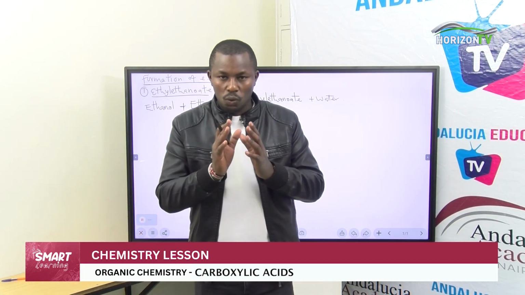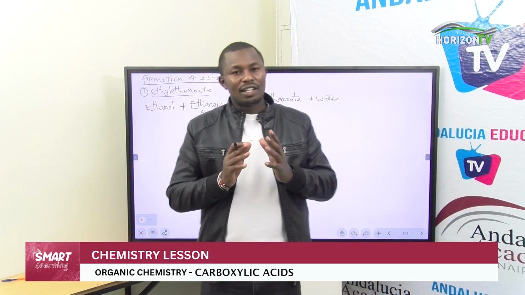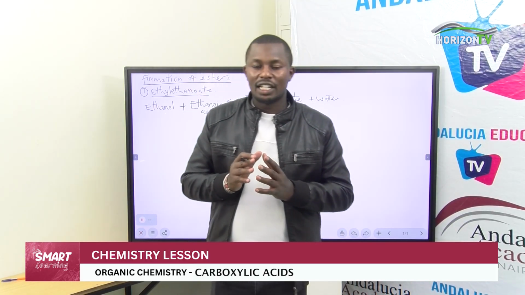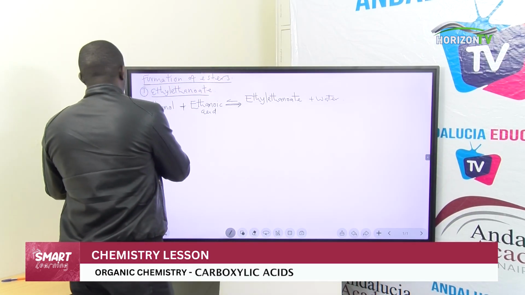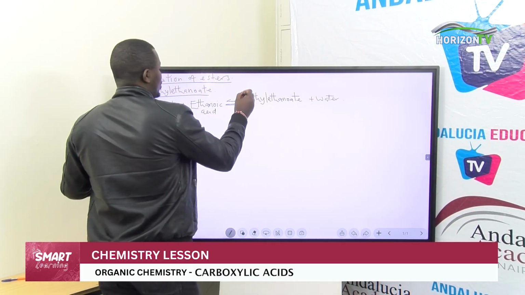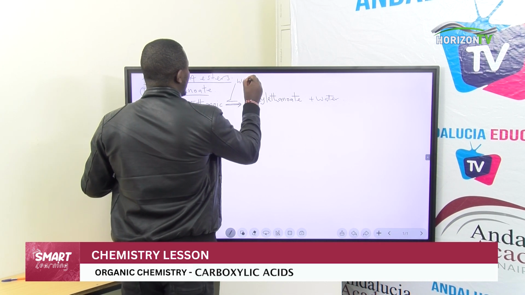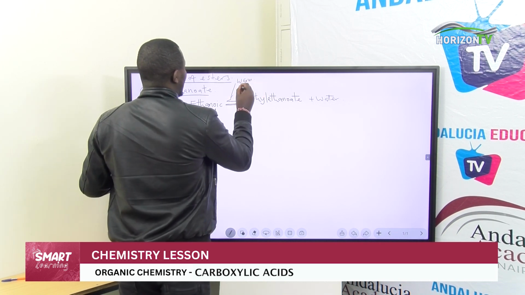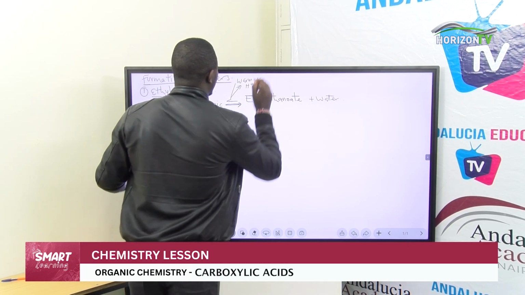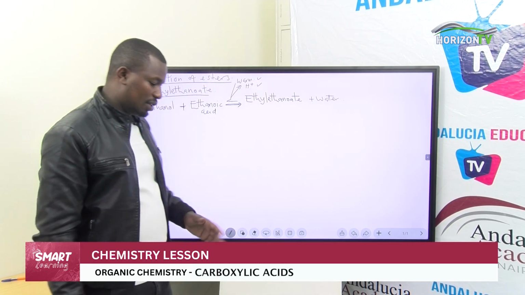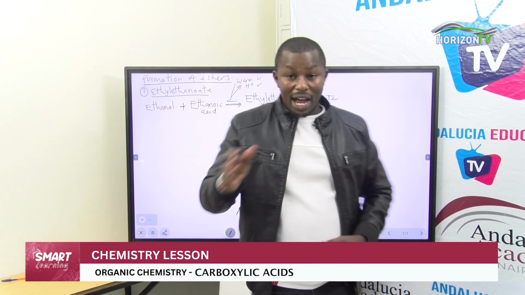You must warm the reaction, and there must be a catalyst, sulfuric acid. So we need to warm the reaction, and the hydrogen ions are needed as our catalyst. So let me give the word equation for this.